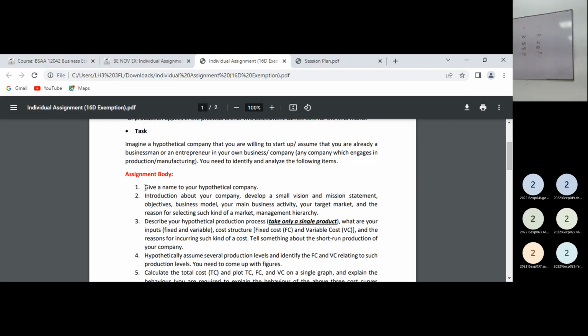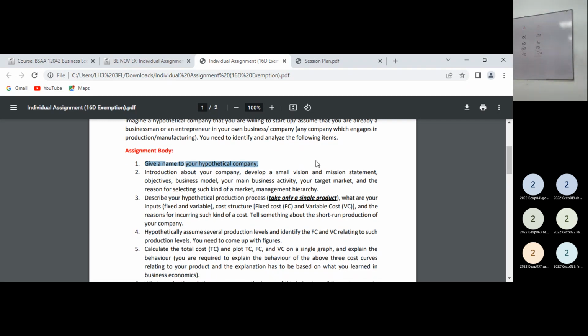Right. So what you have to do, give a hypothetical name for your company. And you are learning management as well. You can incorporate that knowledge here as well, because it's always already there. Now you need to write an introduction about your company. Develop a small vision and mission statement. Objectives. Business model. Your main business activity.